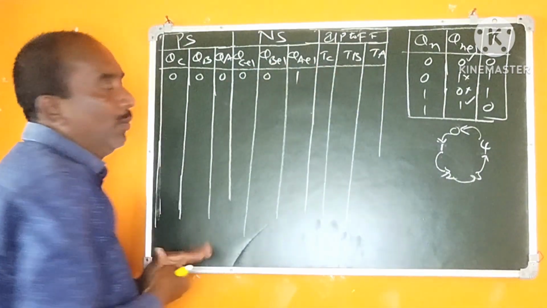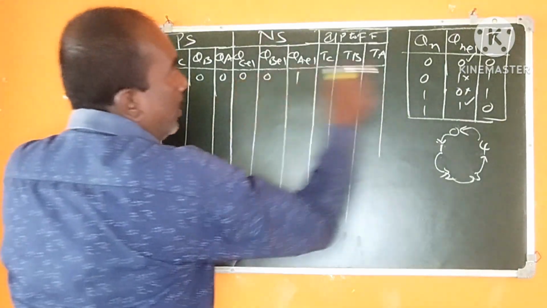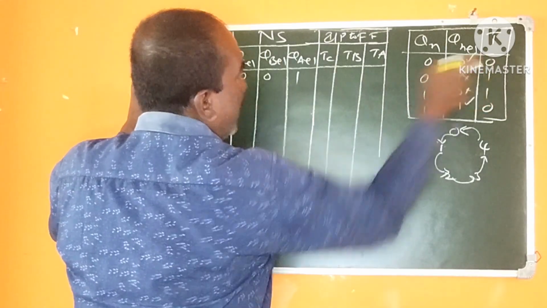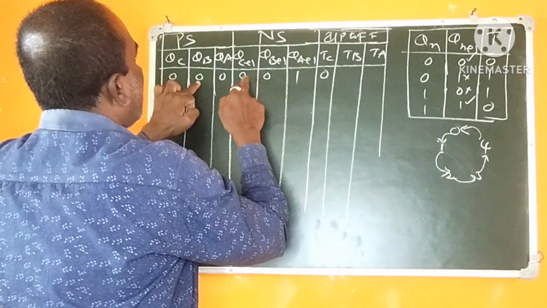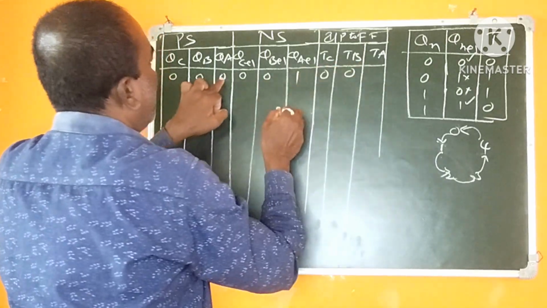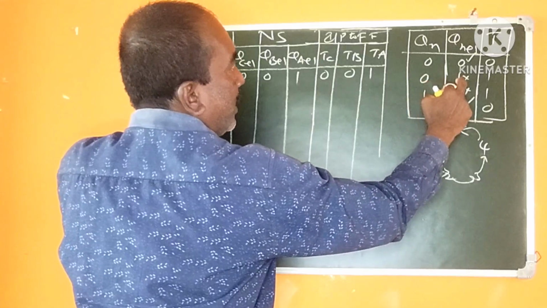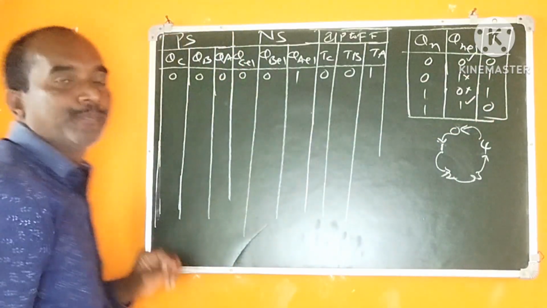Now we can note down the inputs. Present state 0, next state 0, input is 0. Present state 0, next state 0, input is 0. Present state is 0, next state is 1, therefore the input is 1.